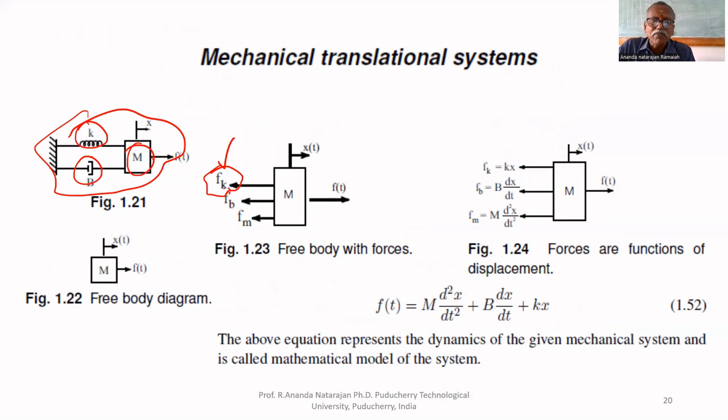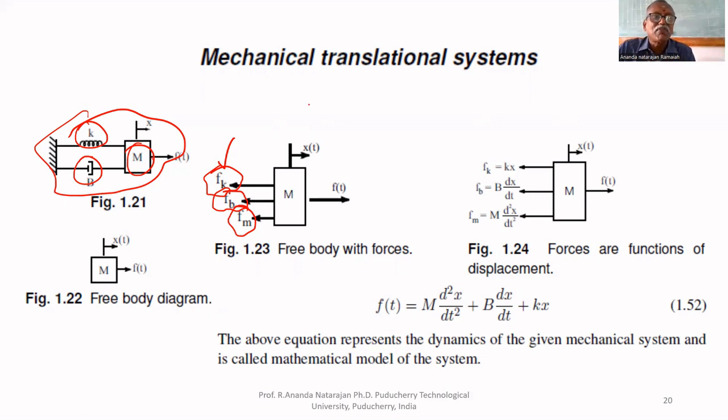It has a dashpot effect, so the reaction force is Fb. It has mass, so it has Fm. All these three reaction forces are always opposite to the applied force.